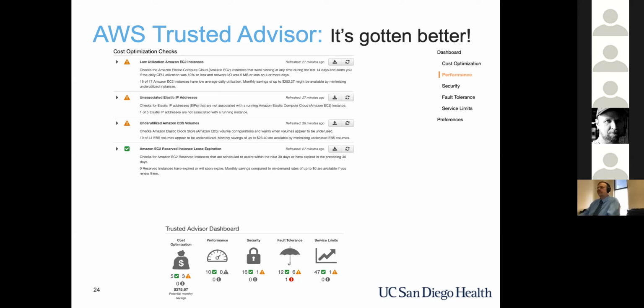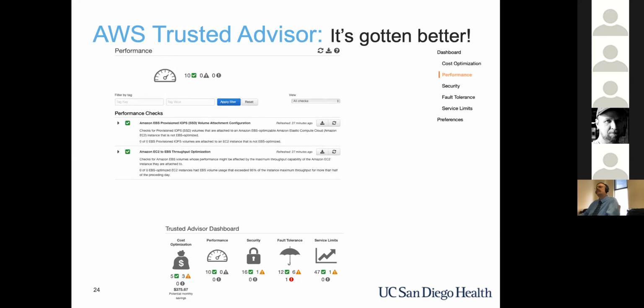It just depends on the researcher, because they are very spiky in their use of the compute environment. Sometimes it may seem like an underutilized EBS volume, but currently they have that resource turned off. When they need to process something, they'll turn the instance back on, but you're still paying that EBS volume cost.